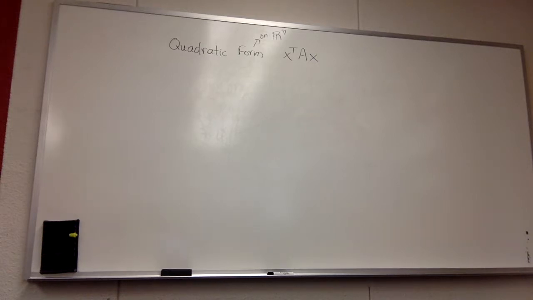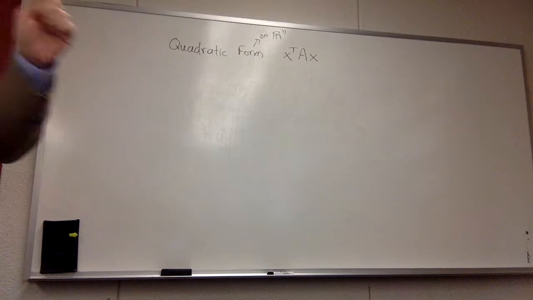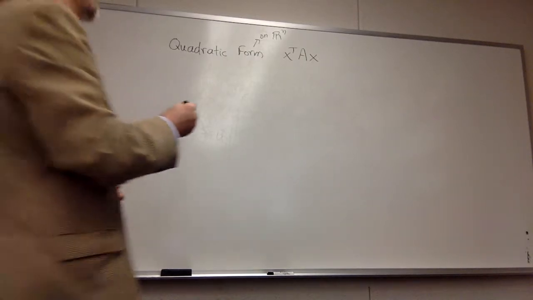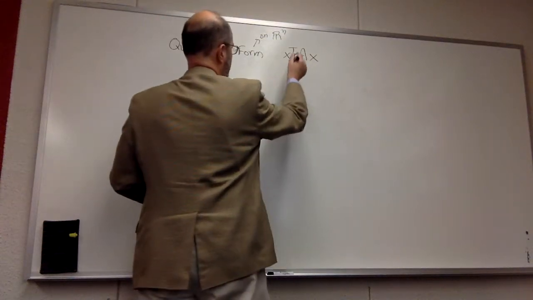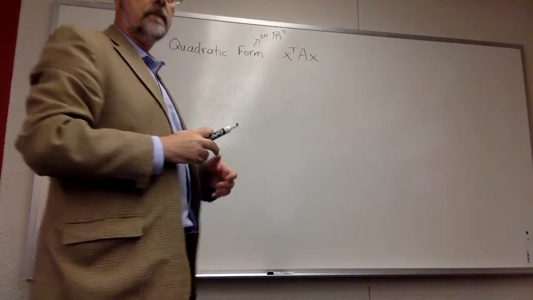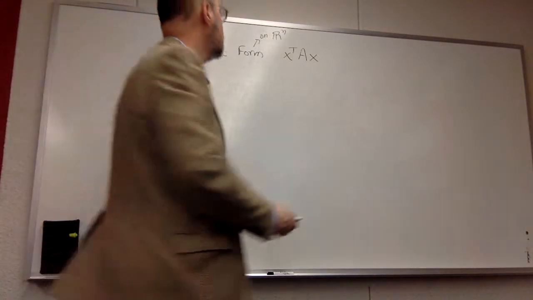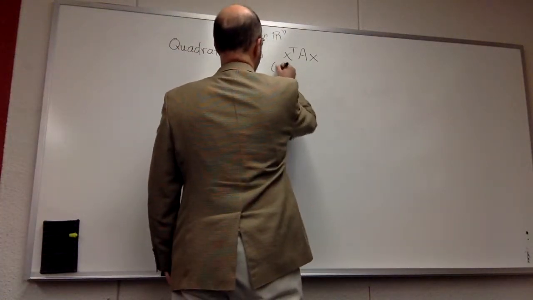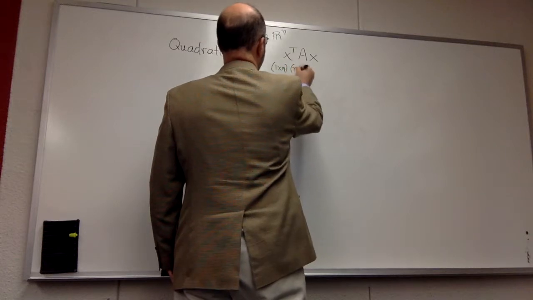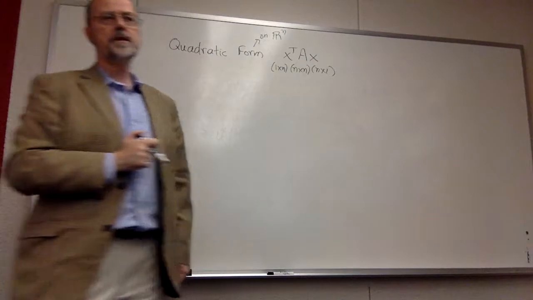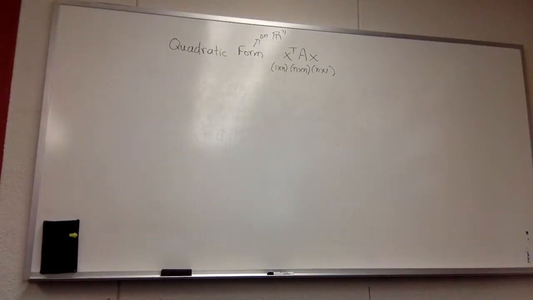If I have a matrix A, which, as I explained in class, can be symmetric, such that x transpose AX is my formula. That's my quadratic form. Just as a reminder, let me indicate the dimensions of all those matrices here, right?